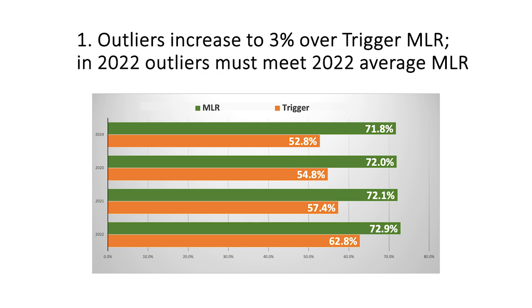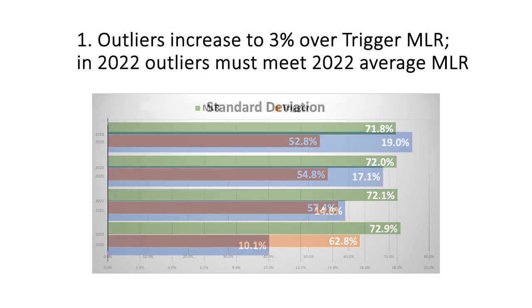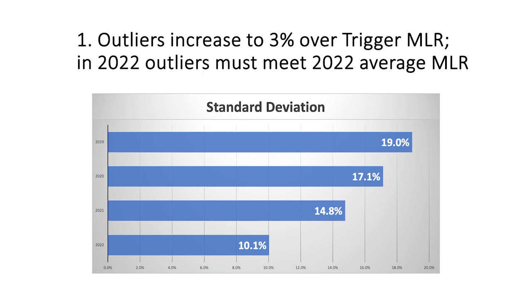A pretty significant increase in the MLR during that time period. When we look at the standard deviation, just to see how much it's decreased over that period, it started off at 19% and essentially dropped to 10% in the 4 years. Again, a very significant decrease. So while the MLR was increasing, and that helps us out, the standard deviation was cut in half and increased the trigger MLR very significantly during that 4-year time frame.